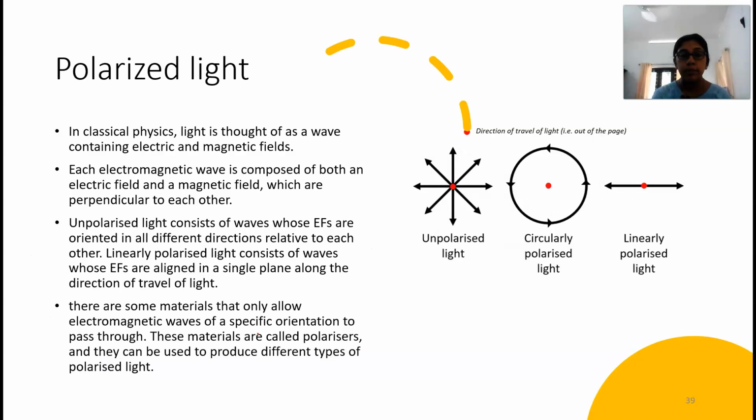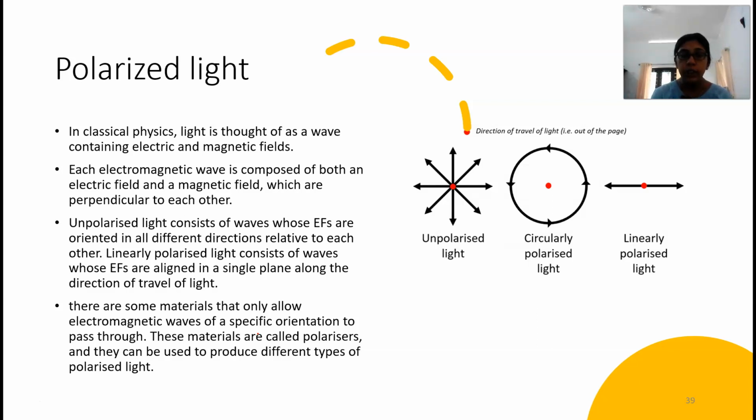So here we are having a small discussion regarding what polarized light is. You will already be familiar with what polarized light is. Basically, in any spectroscopy you will be using electromagnetic waves.